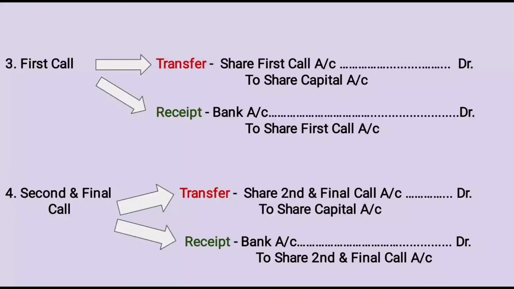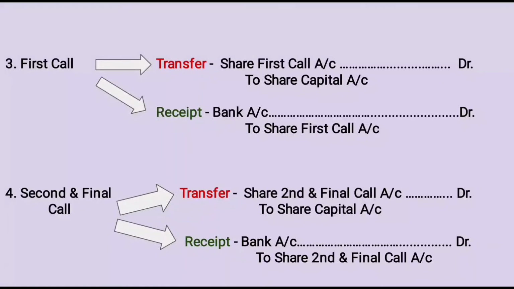Remember, only in application stage, first we pass receipt entry and then transfer entry. Other than application, on allotment stage, first call stage, second call stage and final call stage, we pass first transfer entry and then receipt entry.